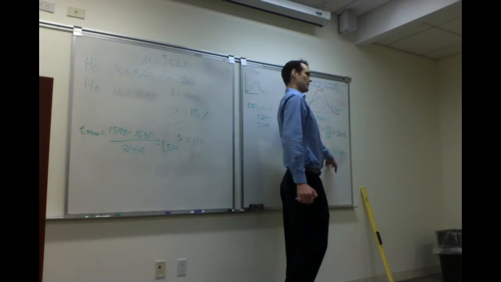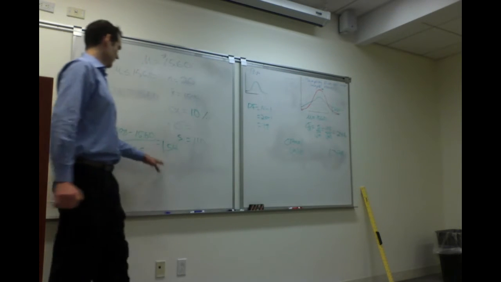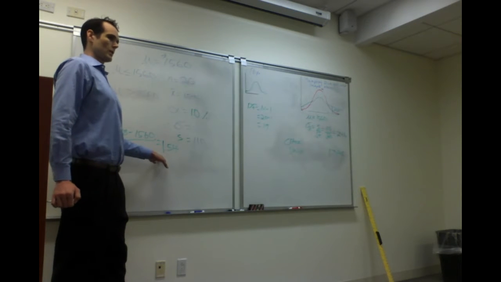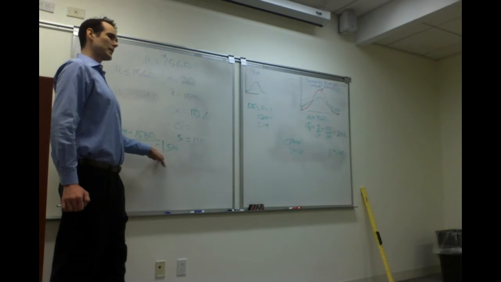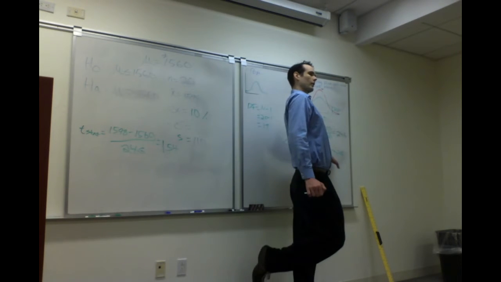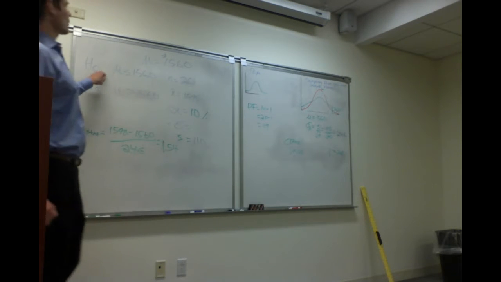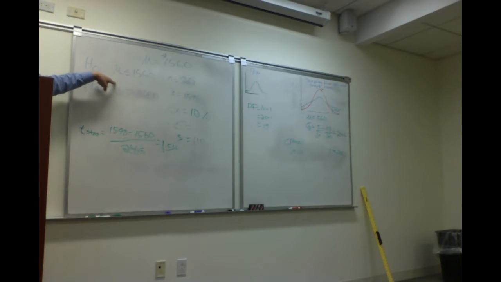Selena, we accept or reject? We've got an extreme T-stat. It's more extreme than our critical value. So we reject. We have found overwhelming evidence to reject the null hypothesis. So we reject.